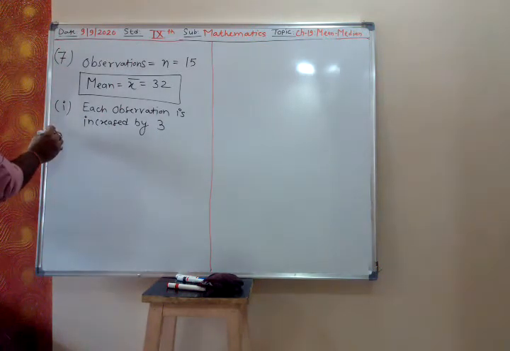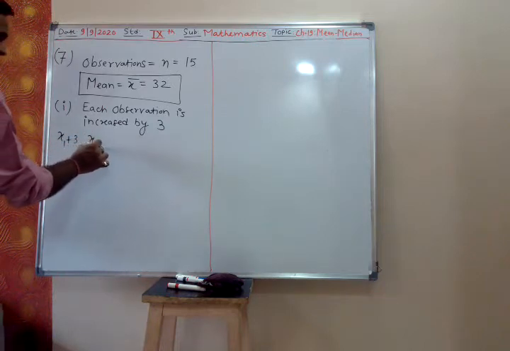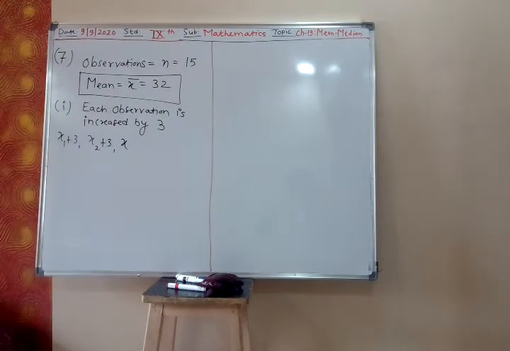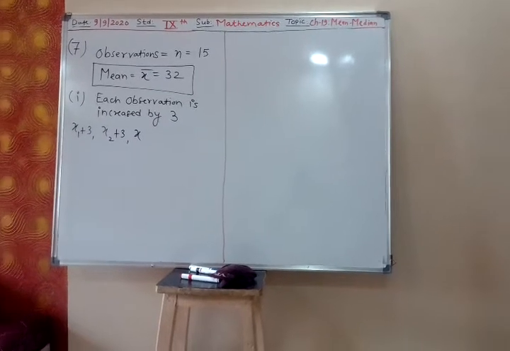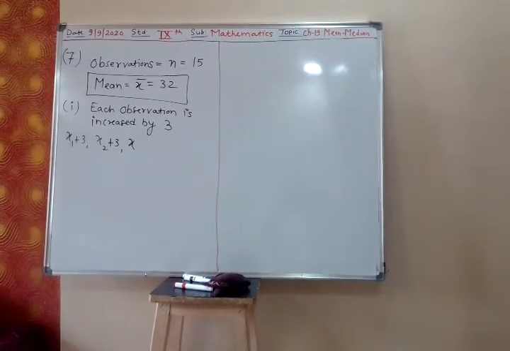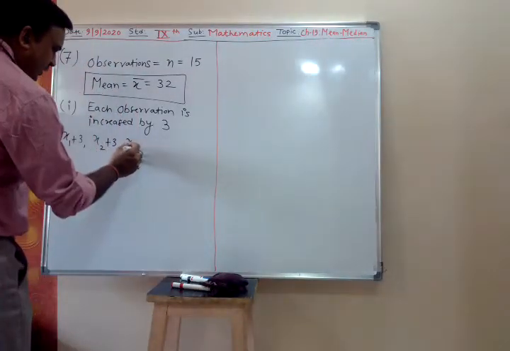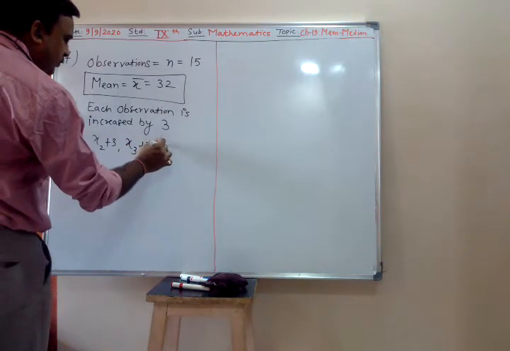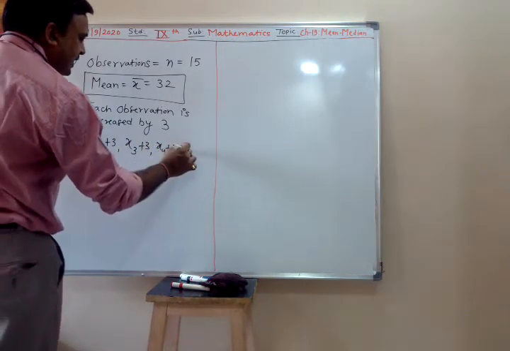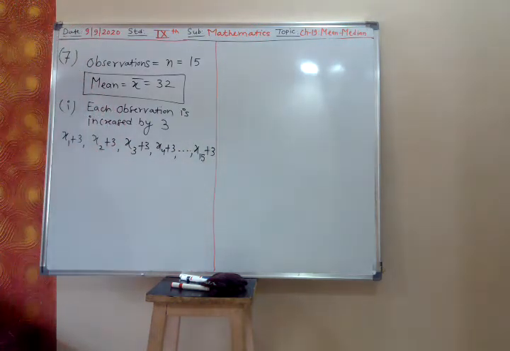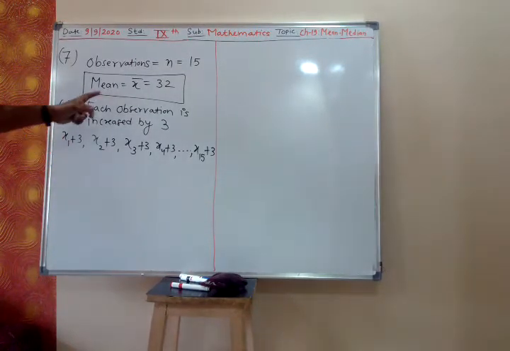So we can write x1 plus 3, x2 plus 3, x3 plus 3, x4 plus 3, up to x15 plus 3, because there are 15 observations.